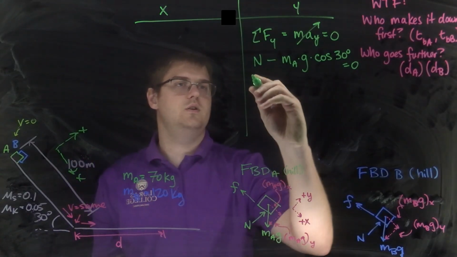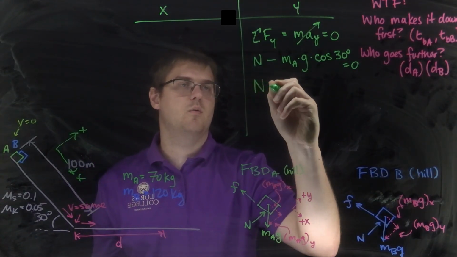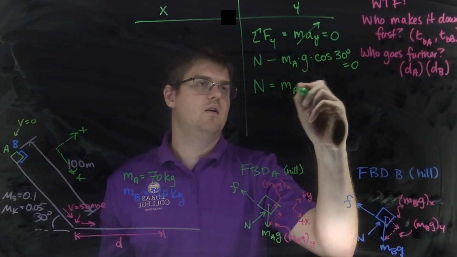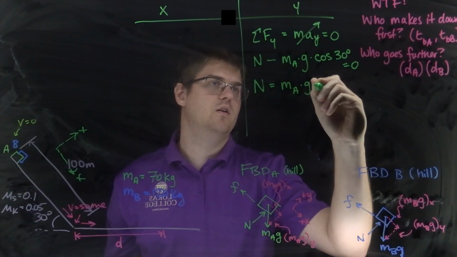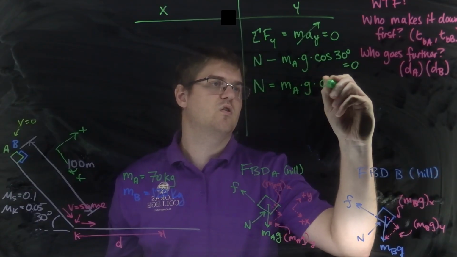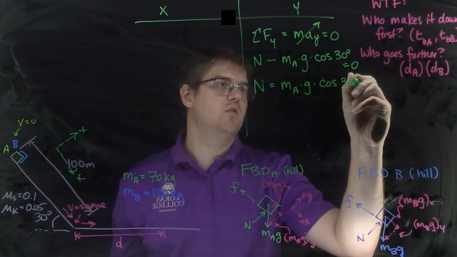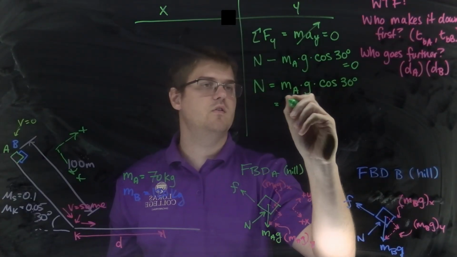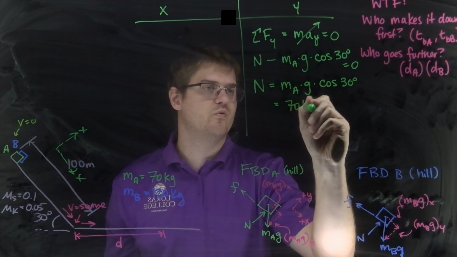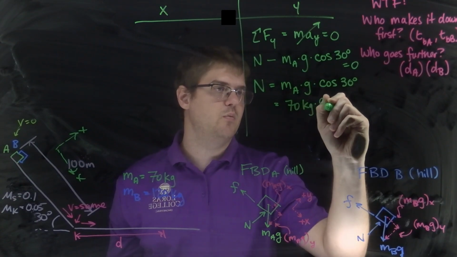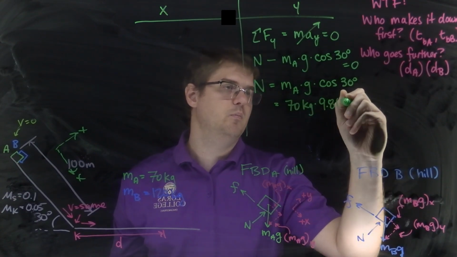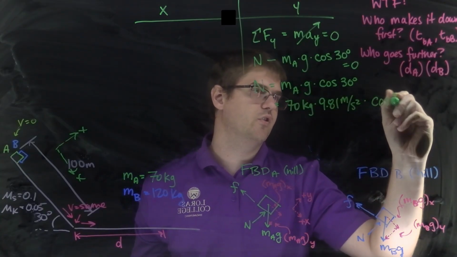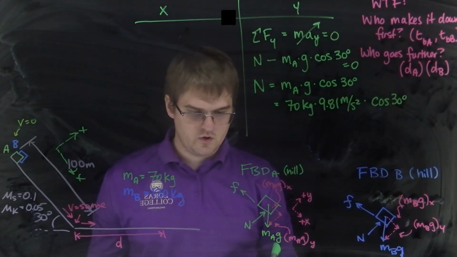So I can actually use this and solve for my normal force, which is going to be mass A times gravity times cosine of 30 degrees. Mass A is 70 kilograms times 9.81 meters per second squared times the cosine of 30 degrees.